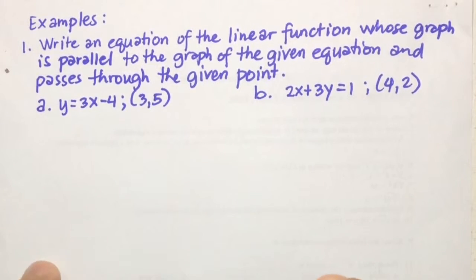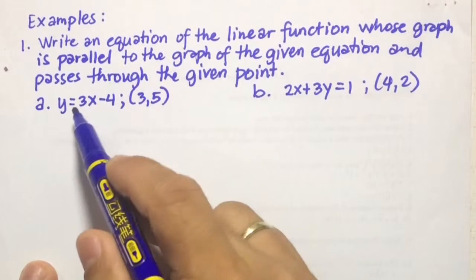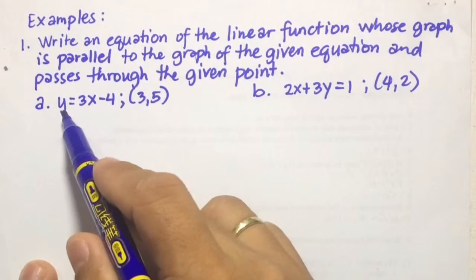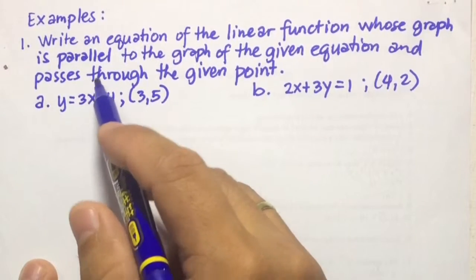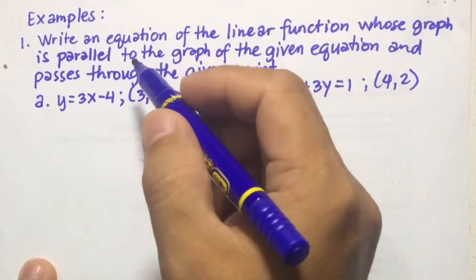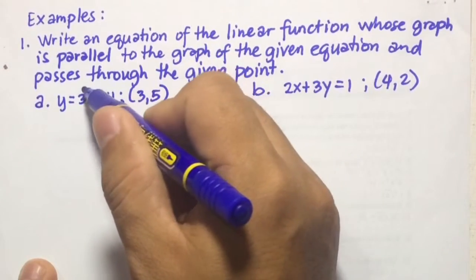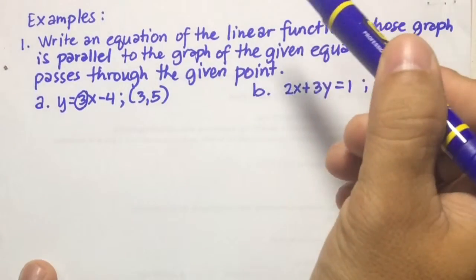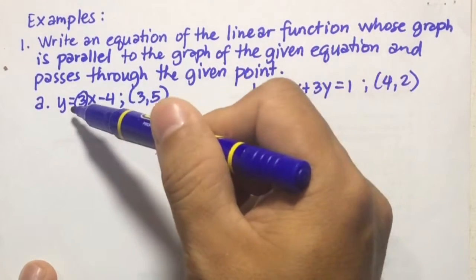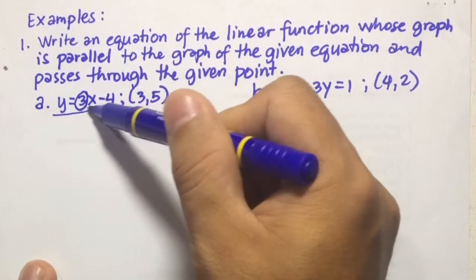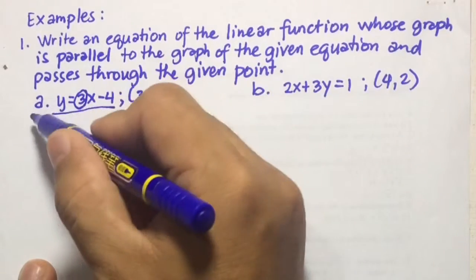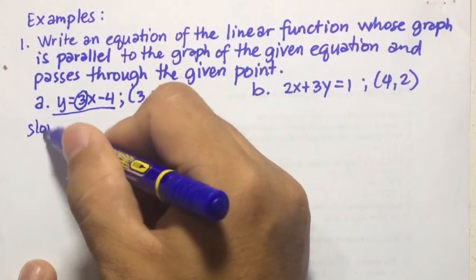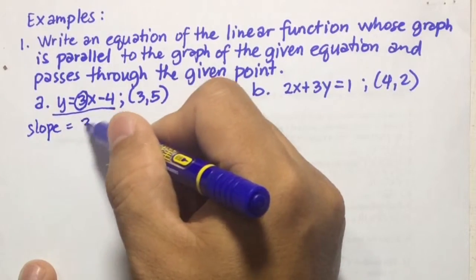In here, this is in the slope-intercept form, so we can directly determine the slope. The slope here is 3. So if we're going to find an equation that is parallel to this given equation, the slope will also be 3.